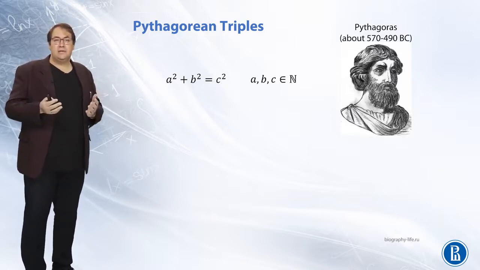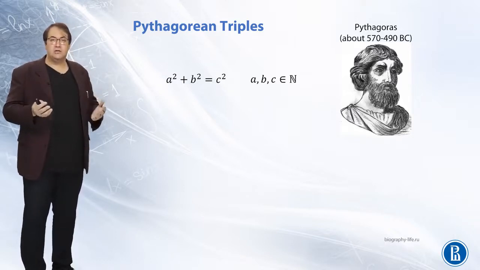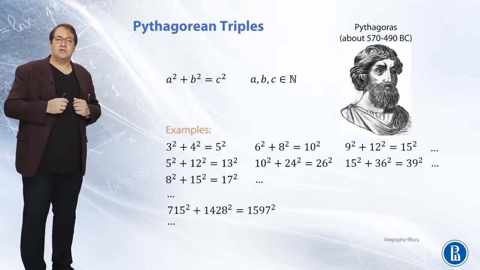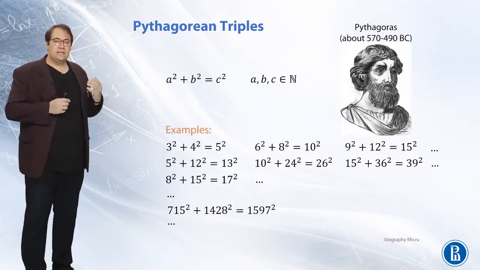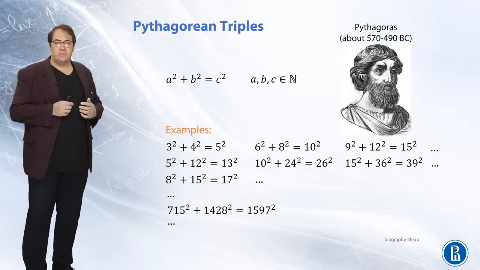I'm sure that many of you know several such triples, so let's consider examples: 3, 4, 5, or 6, 8, 10, or 5, 12, 13.